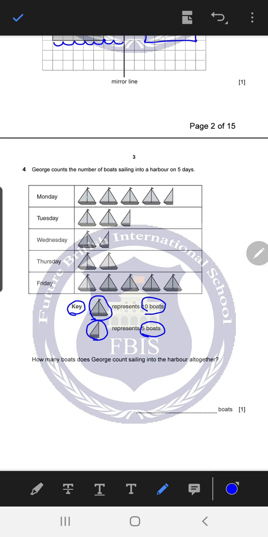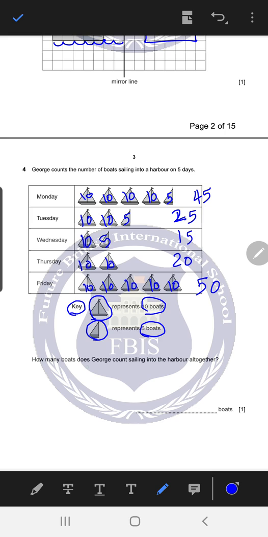So to count on Monday, this is 10, 10, 10, 10, and 5, so it's 45. This is 10, 10, and 5, so it's 25. This is 10 and 5, so this is 15. This is 10 and another 10, it's 20. 10, 10, 10, 10, 10, so it's 50.